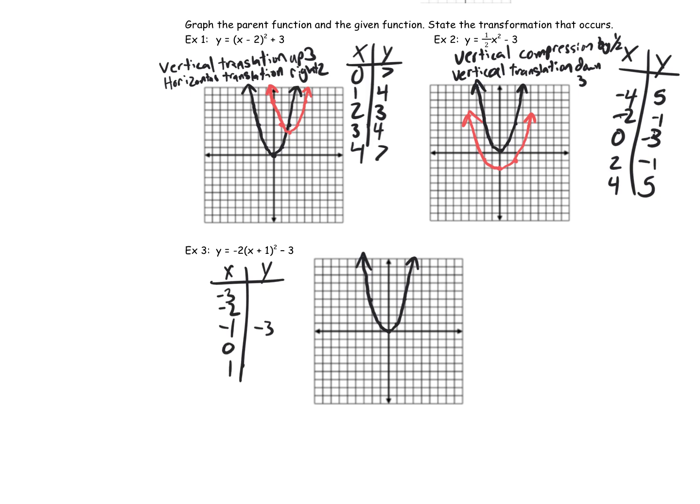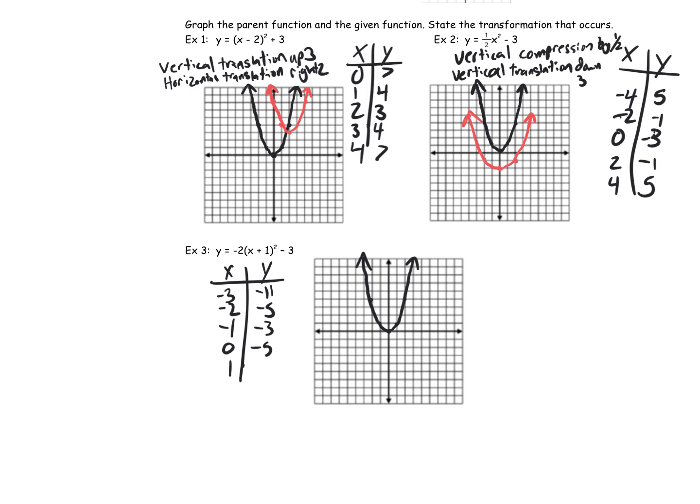Then run those through. Negative 3 plus 1 is negative 2. Negative 2 squared is positive 4. 4 times negative 2 is negative 8, and negative 8 minus 3 is negative 11. Then we've got negative 2 here. Negative 2 plus 1 is negative 1. Negative 1 squared is 1. 1 times negative 2 is negative 2, and negative 2 minus 3 is negative 5.